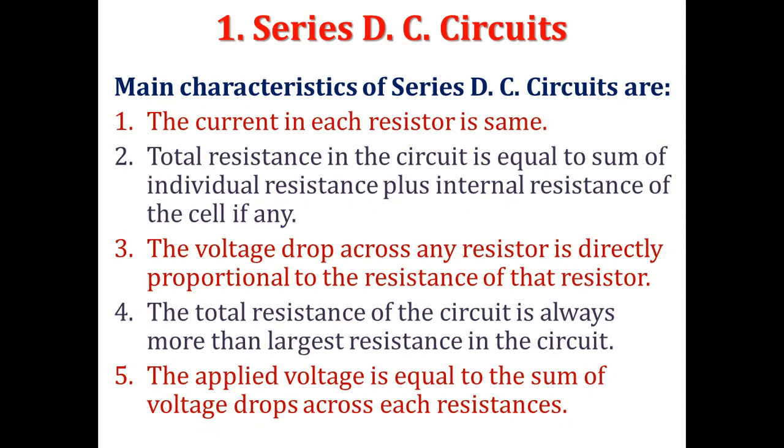Why does this happen? Current is the same, but if resistance is increased, the voltage drop will be increased; if resistance is decreased, the voltage drop will be decreased. So R is directly proportional to V in a series circuit.